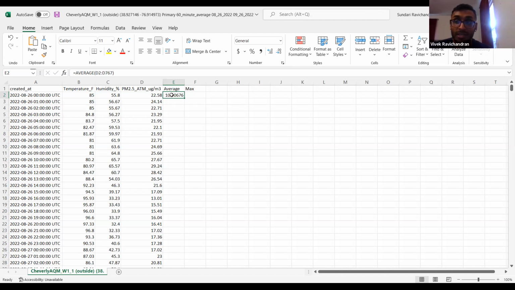Currently the EPA's daily standard for PM 2.5 is 35 micrograms per meter cubed, and the WHO's daily standard is 15. As of right now, we see that the average meets both those standards, but then you also have peaks, like constant days where it is above the WHO standard but not above the EPA standard.